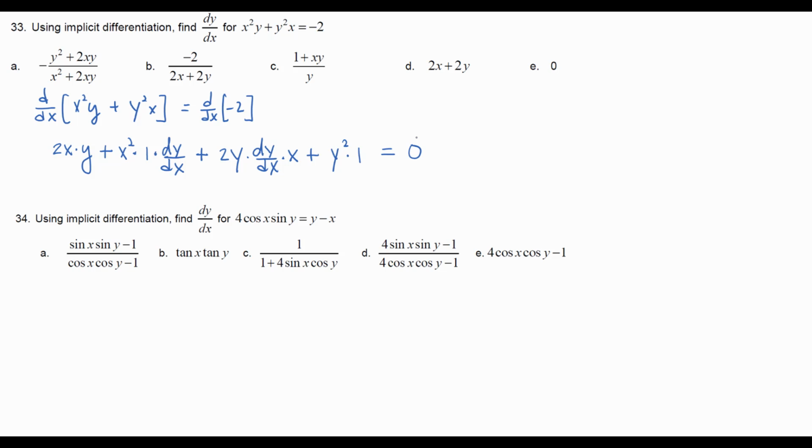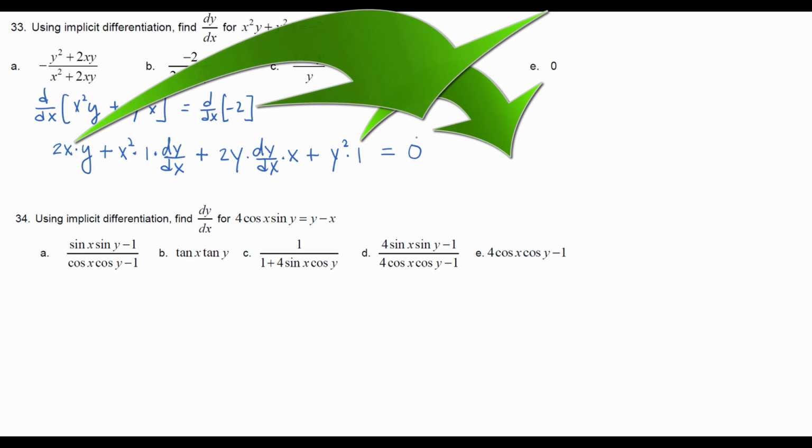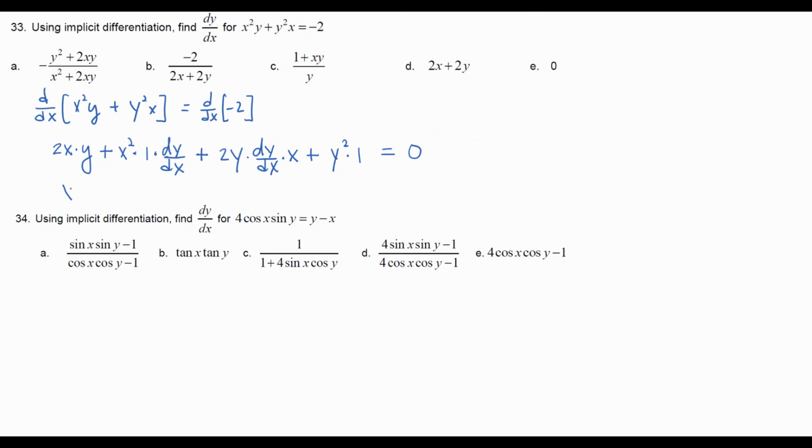Your next step is to collect any dy/dx term on one side and send every term that does not have dy/dx to the other side. So I have x squared dy/dx plus 2xy dy/dx equal to negative 2xy minus y squared.